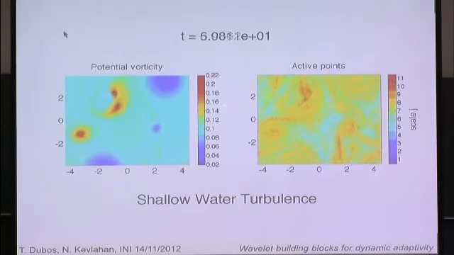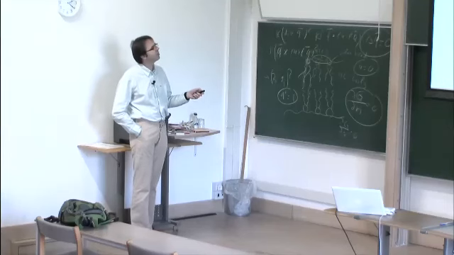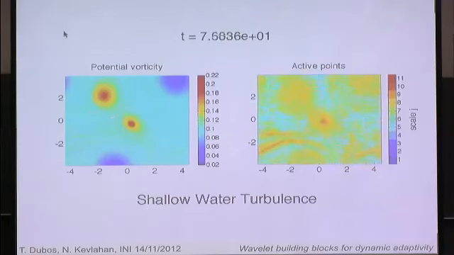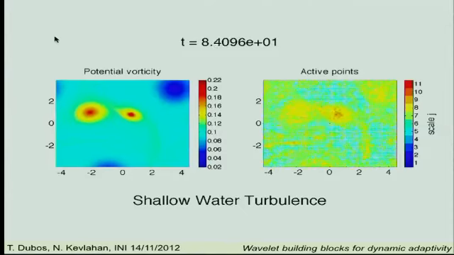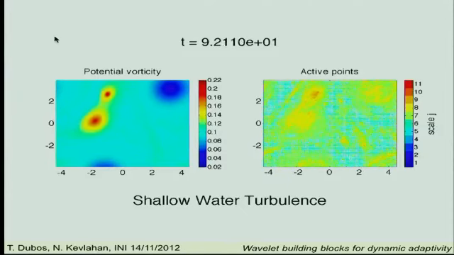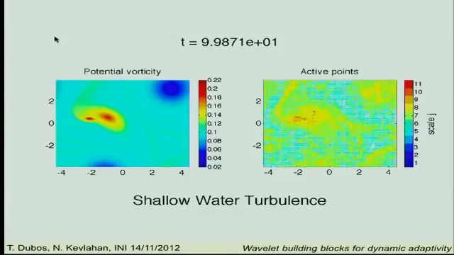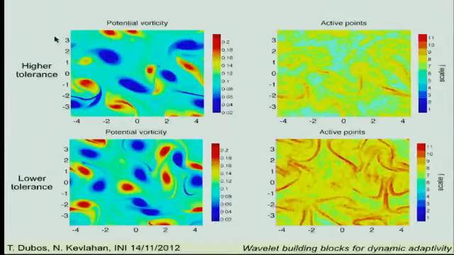So there is an intermediate phase of turbulence, and after some time it settles down to just a pair of counter-rotating vortices. Then, what I showed was for a relatively low tolerance.